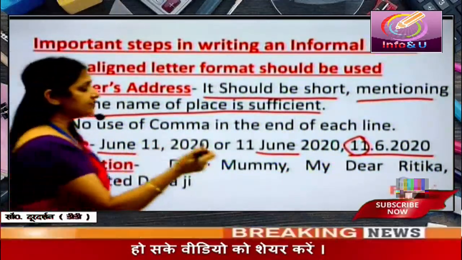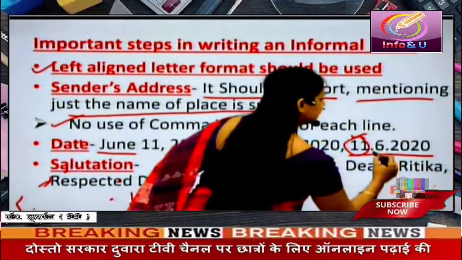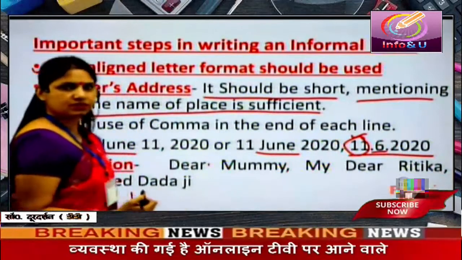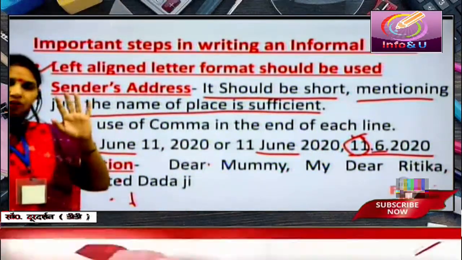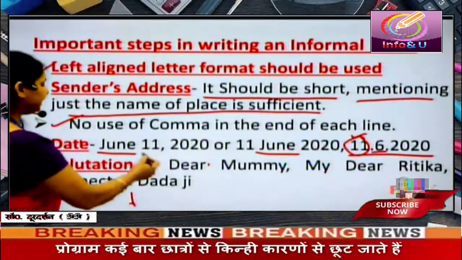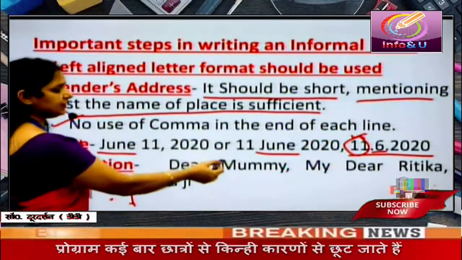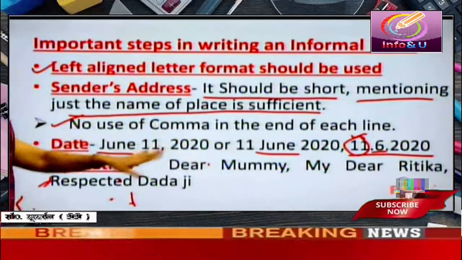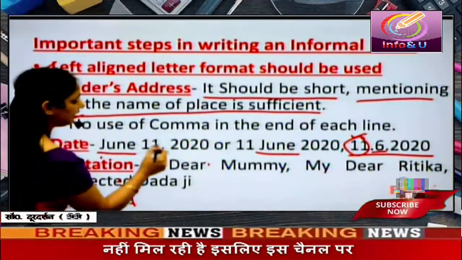But Britishers write day first and then month. So it will be 11th June. So to avoid this sort of confusion, we should write date as June 11, 2020 or 11 June 2020. When you are writing June 11, 2020, you should use a comma between 11 and 2020.